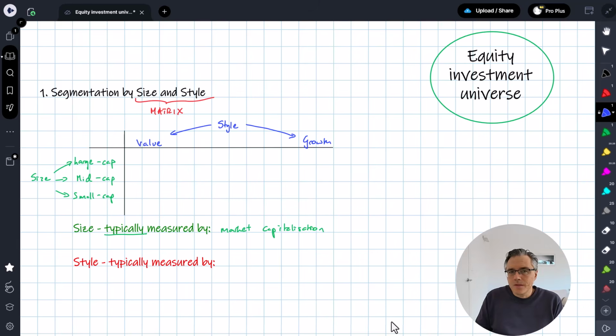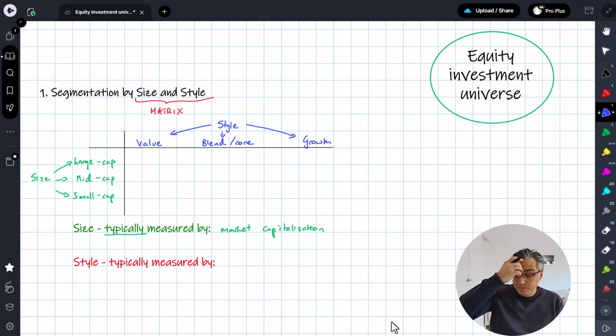But because companies may also display combinations of value and growth, we have a category called blend, to suggest that there is a blend of the two extremes. Your book says that this is also called core.